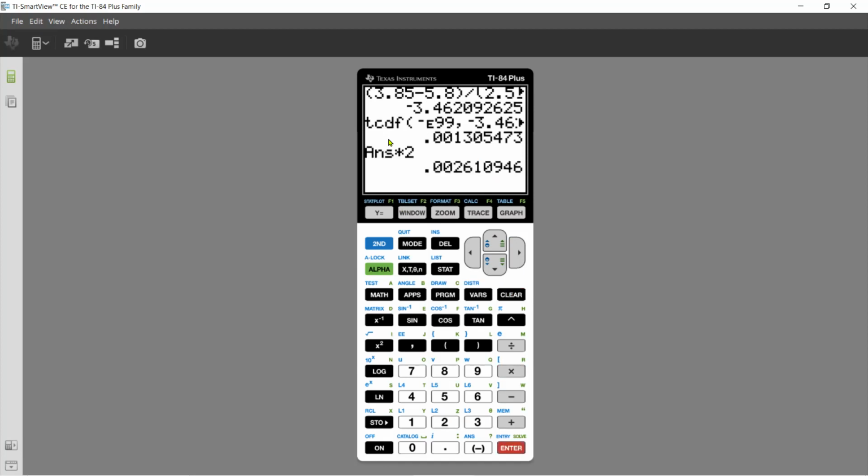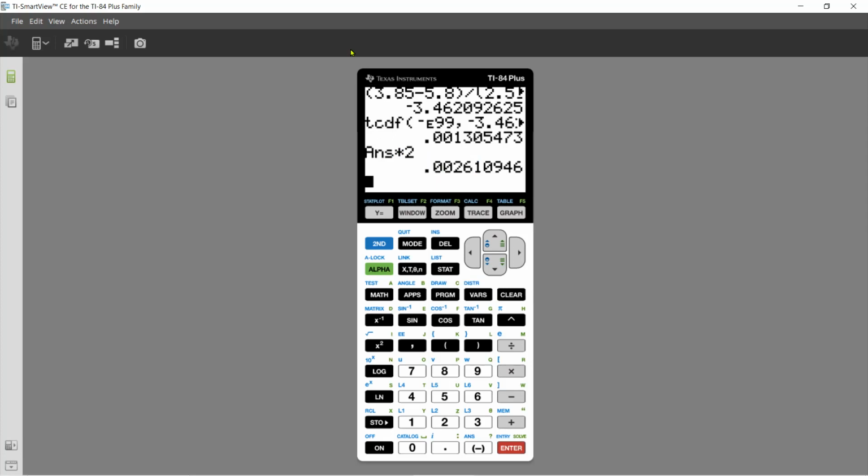That'll come out the same. Your p-value here is 0.0026, okay? If you doubled it the first time, you'll get the answer that you see down here as my second one. 0.0026 is your p-value, okay?